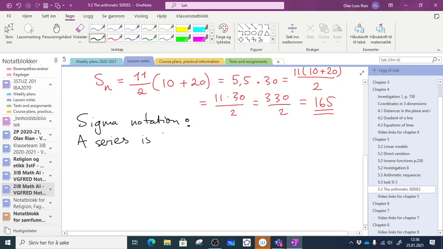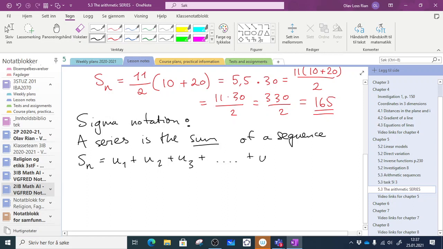A series is the sum of a sequence. So if you have a series with n terms, that is the sum of u1 plus u2 plus u3. So these are different terms, and you keep adding them up until you have the last term.